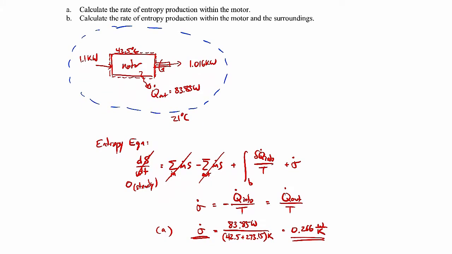One of the things that we need to talk about is when we have heat transfer out of our motor, the heat transfer is coming out. Here the temperature is 42.5 degrees, the surroundings 21 degrees Celsius. So the heat transfer is working its way all the way out to the 21 degrees Celsius. So whatever heat comes out through this red boundary will also end up crossing the blue boundary as well.